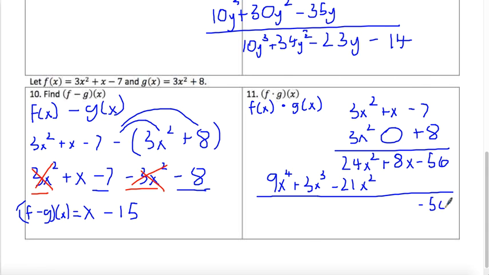So negative 56, positive 8x, positive 3x squared, positive 3x cubed, and 9x to the fourth. And all of that is equal to f times g of x.